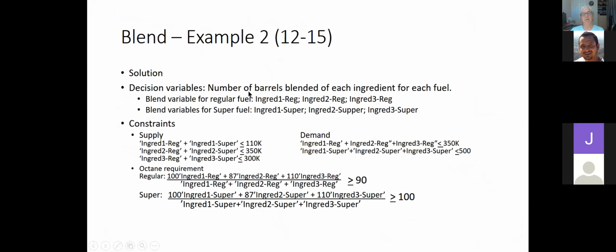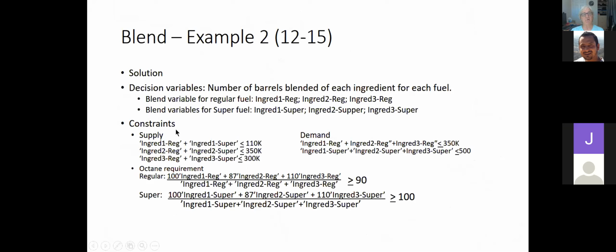So with these variables, here are the constraints. You have 2 groups of constraints that you'll find very natural to understand. And then I want to talk about the third one. The supply constraints have to do with how much of the ingredients is available. So whatever you blend, you cannot use more than 110,000 barrels of ingredient 1.